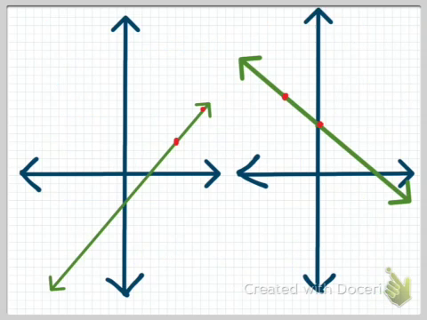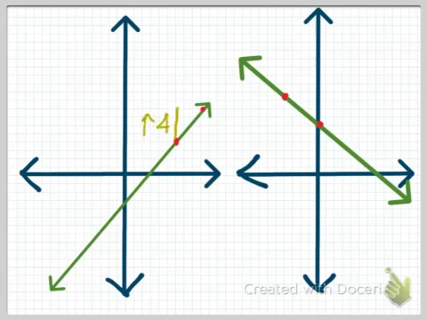Let's see how this looks on the graphs of two perpendicular lines. On the left, we have a line that has 2 points plotted for us to look at. So let's take a look at our rise. So we're going to rise from the first point. So we're going to rise up 1, 2, 3, 4.